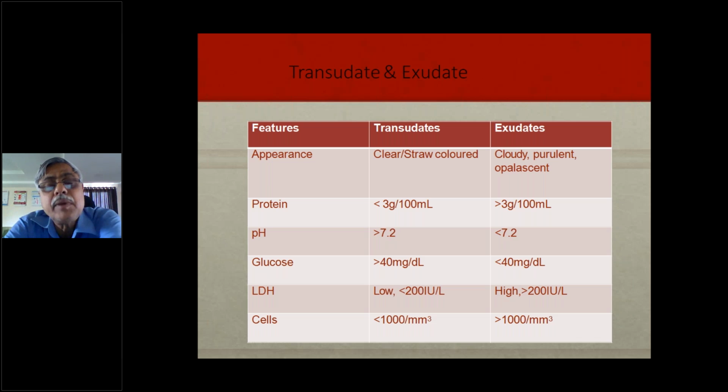The pH will be more than 7.2 in transudate; in exudate, it will be less than 7.2. Glucose will be more than 40 in transudate, less than 40 in exudate. LDH will be less than 200 in transudate and high, above 200, in exudate. Cells will be less than 1000 in transudate, and more in exudate.